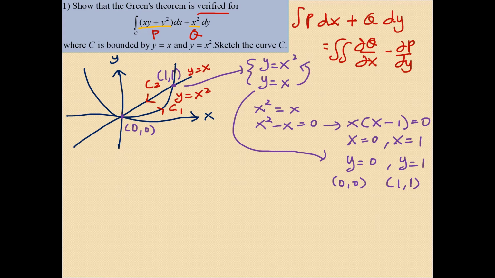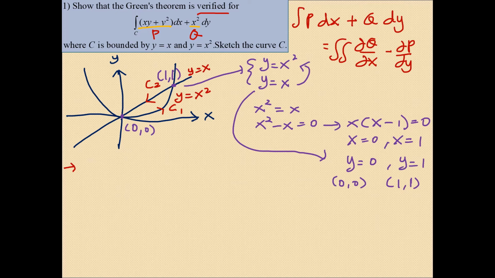Now, the left hand side P dx plus Q dy is a line integral, so you have to solve it for each curve because we have two curves. You do both curves and the final answers are added together.